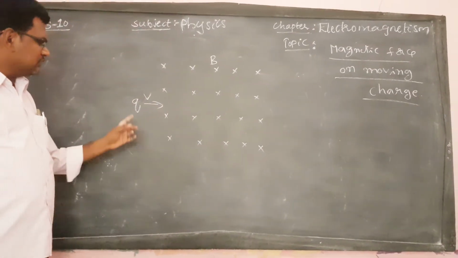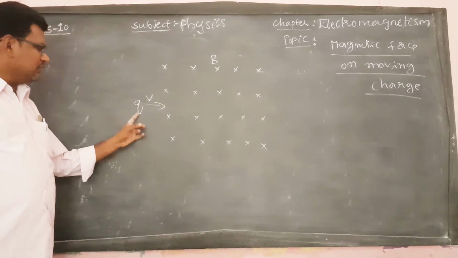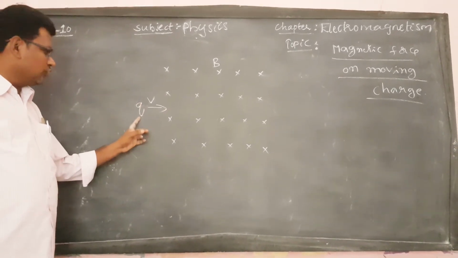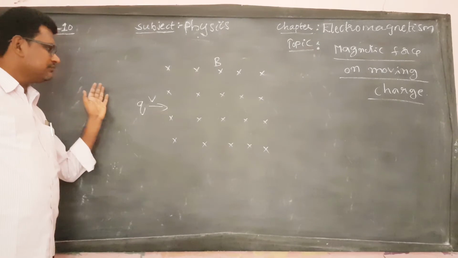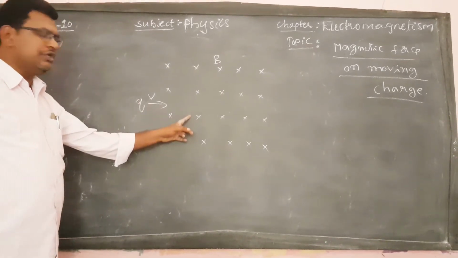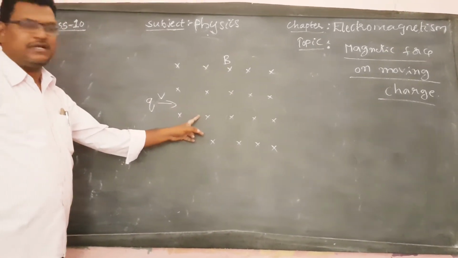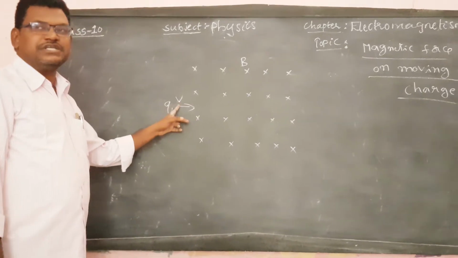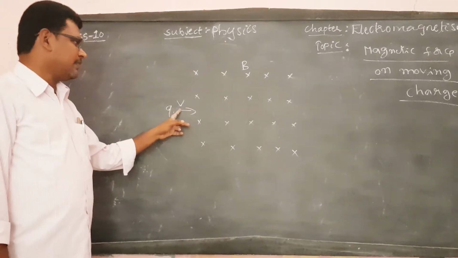Now let's see here, a charged particle of charge small q is entering into a perpendicular magnetic field with a velocity v.